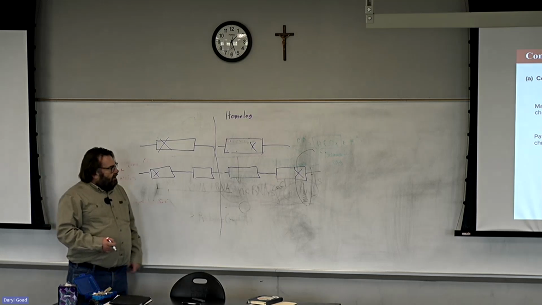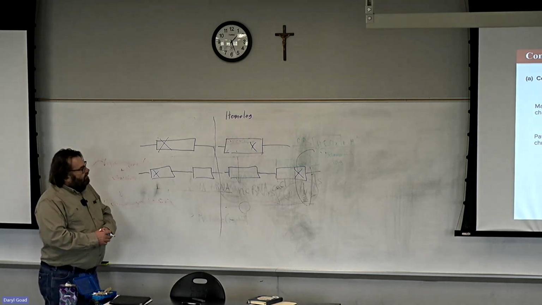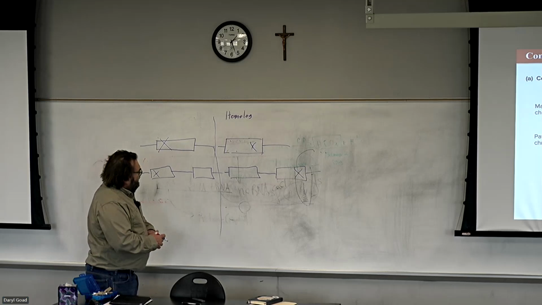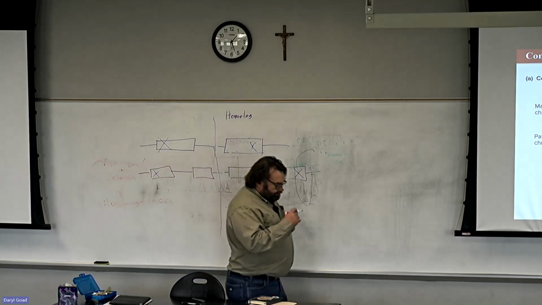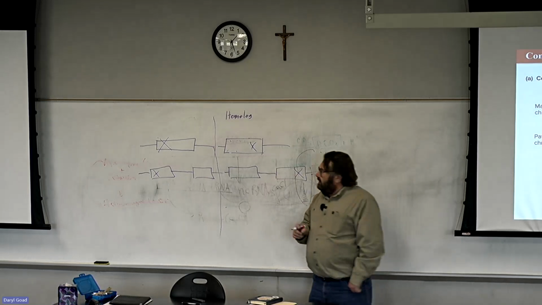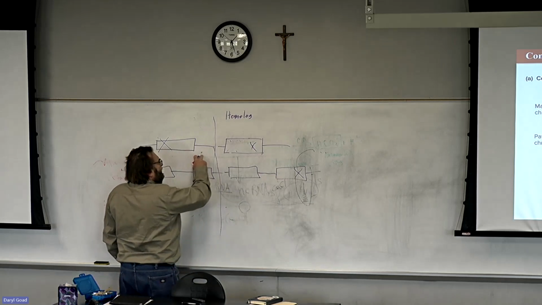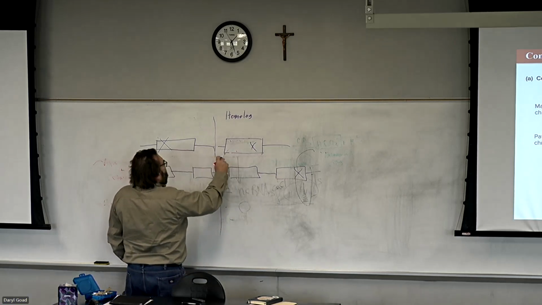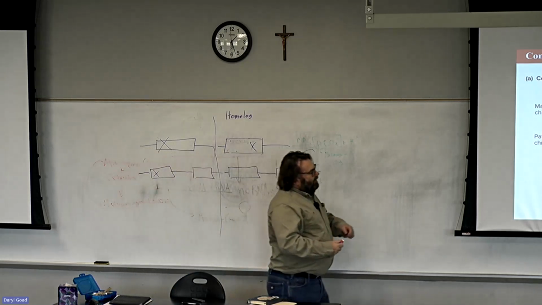So I want to figure out, do I have this case or this case? Now here's the really cool thing. If I take these guys that have two different mutations, so this guy's got this mutation, this guy's got this mutation, we can do complementation testing.